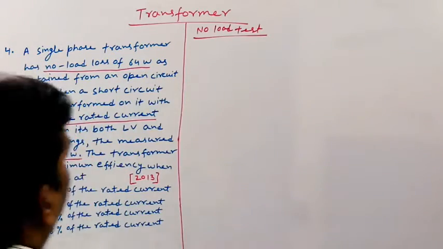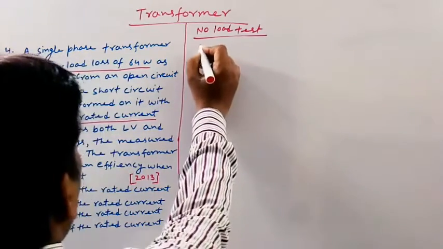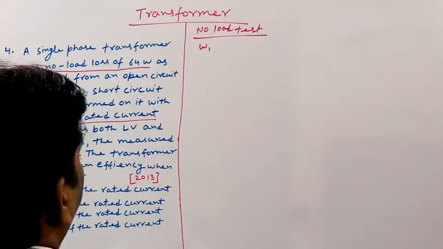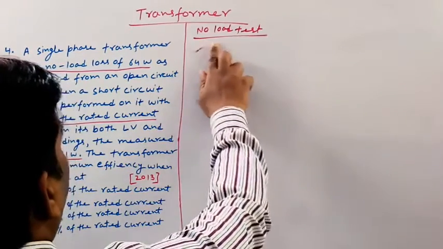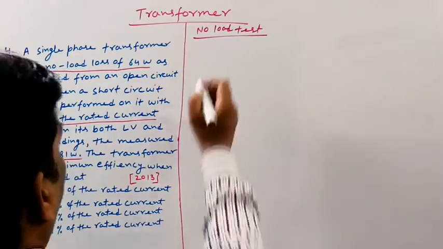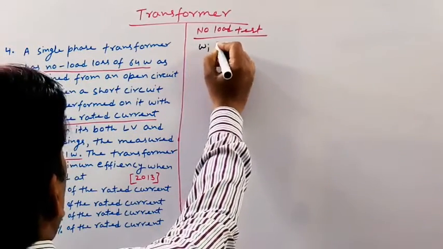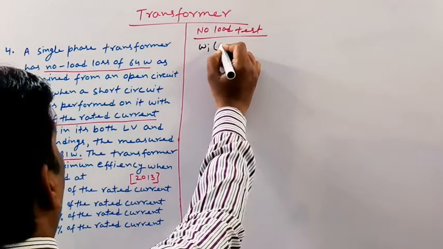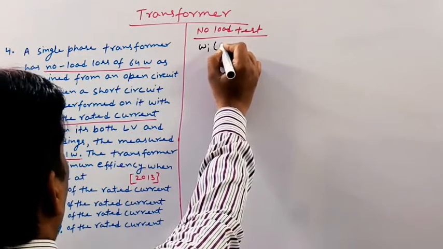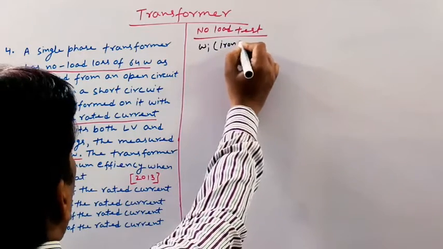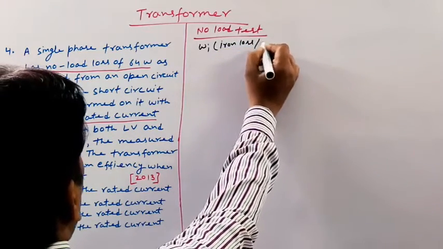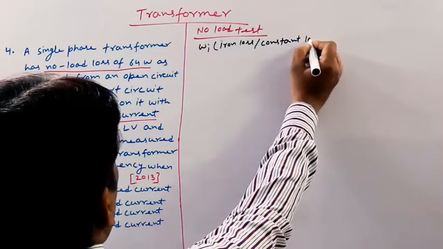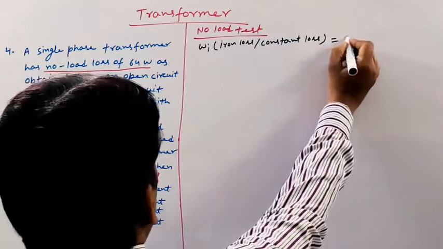Let us write it as Wi. Wi is also called iron loss or constant loss, and this is given as 64 watt.